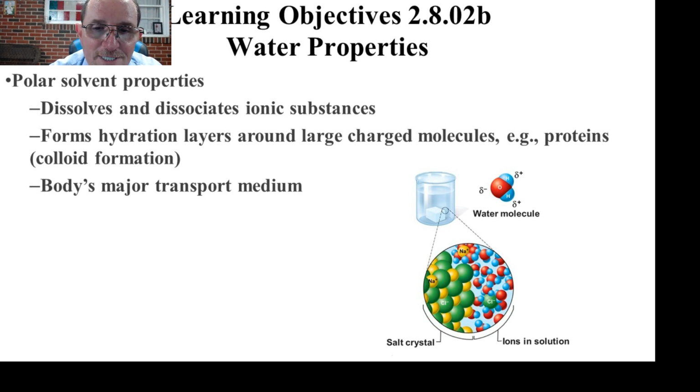You can see those red oxygens. On the other hand, the chlorine has a negative charge, so the partial positive from those hydrogens, the blue ones, are going to surround it. That's why the ocean has salt dissolved in it. If you put salt in a glass of water and stir it up, it will dissolve.